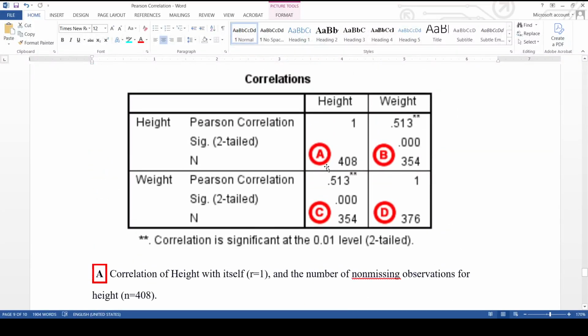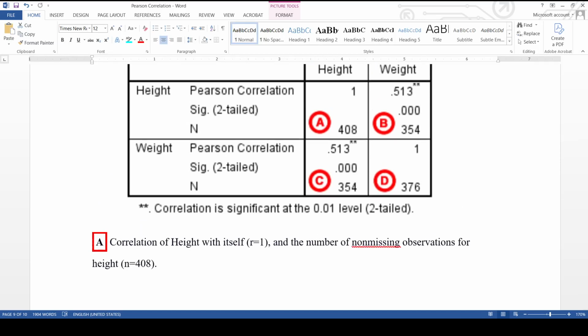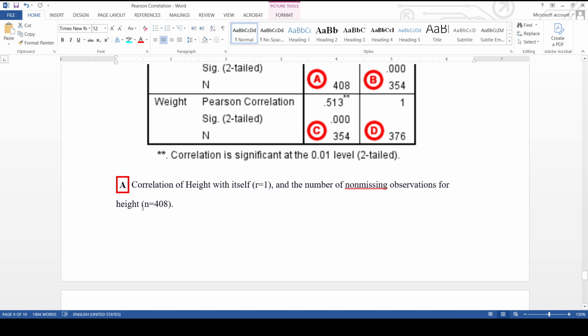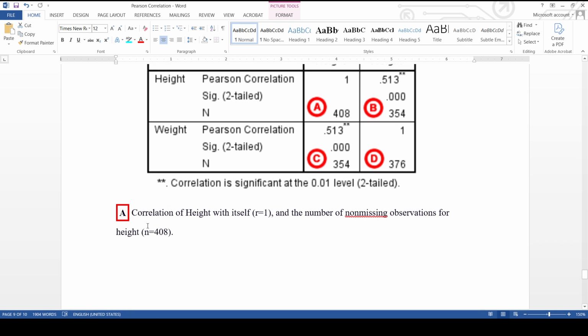So now, how do we report this in case you have it? Take note of A, B, C, D and know what we have there. We will interpret this in that regard. Now, the first one here, let me reduce the screen so that we can capture it. The first one has to do with the correlation of height with itself, where we have R as 1.